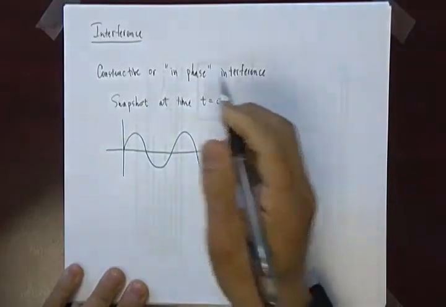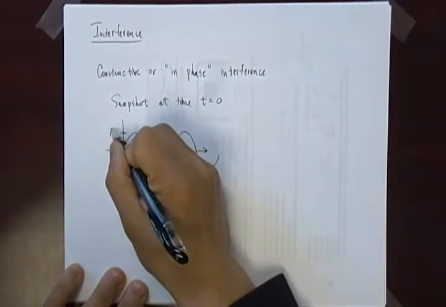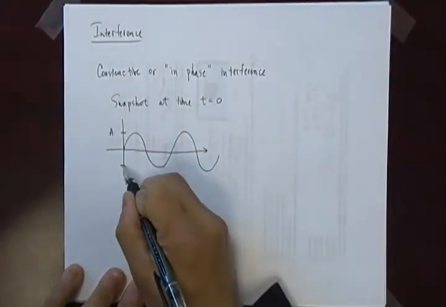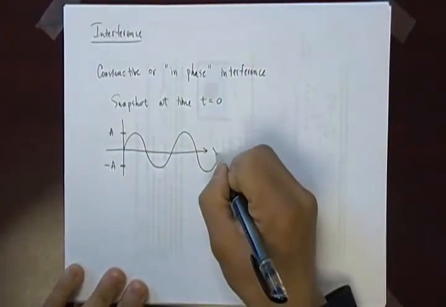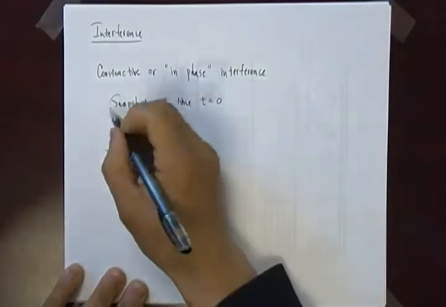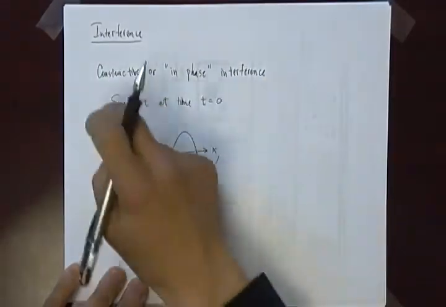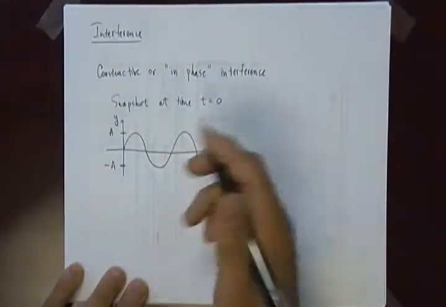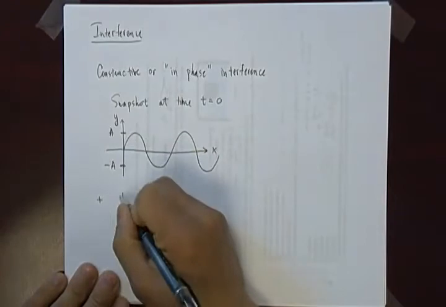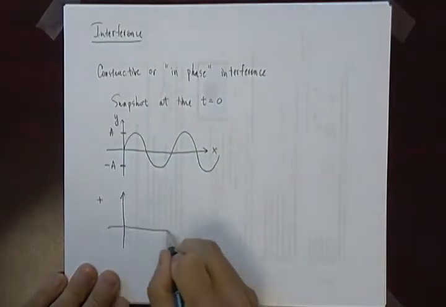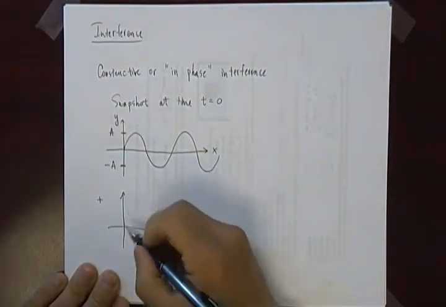This is your amplitude, that's how high it gets, and negative A is how low it gets. This is position x, so I'll think of it as a wave that goes up and down in the y direction. It's a transverse wave.